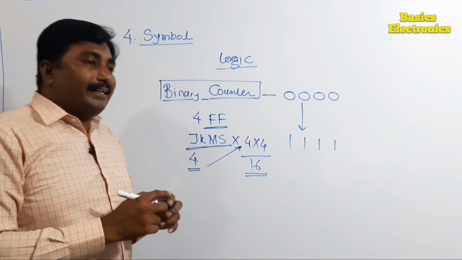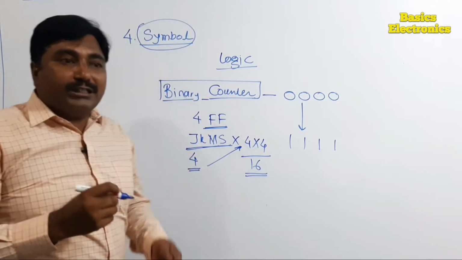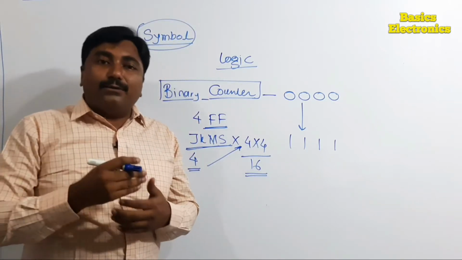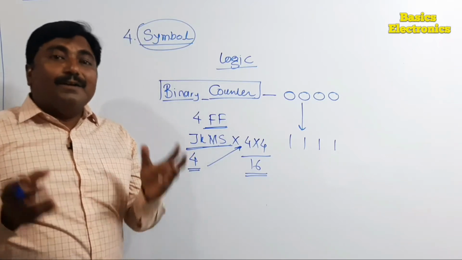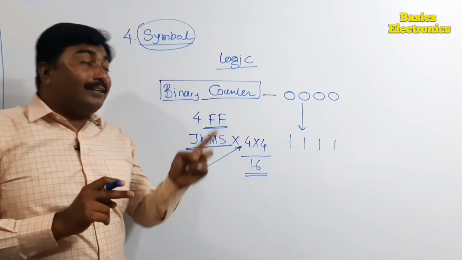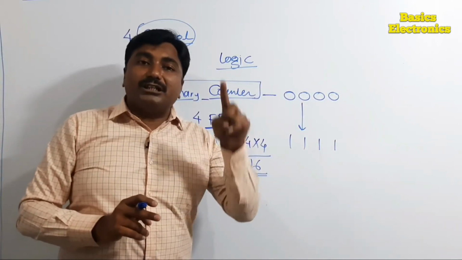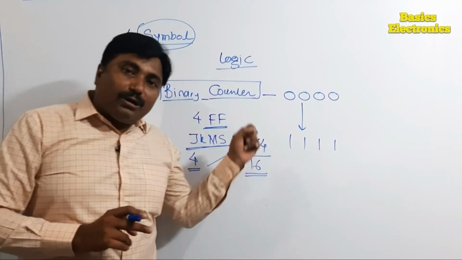To represent them we use a symbol, like we use the symbol for the diode and the transistor, but the transistor and diodes are devices. Here the logic gate is not a device, it is a logical circuit, an electronic circuit.